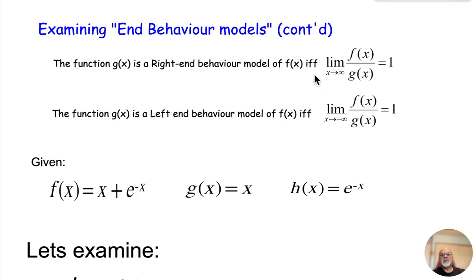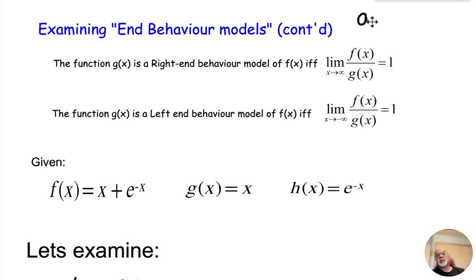What does if and only if mean? It means that the statement can be read the other way, namely that if the limit as x approaches infinity of f over g is equal to 1, then we can say g is a right end behavior model. So this statement works in both directions.